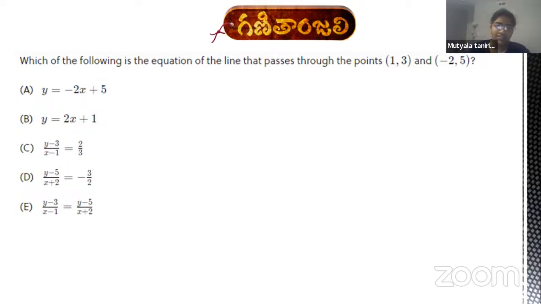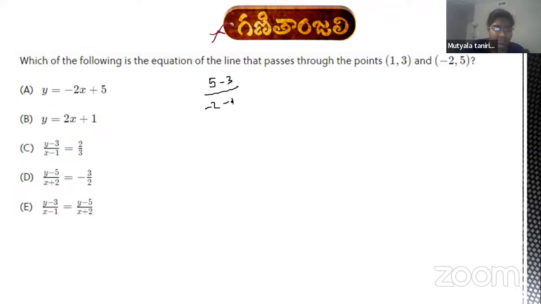It's not option A, it's not option B. I found the slope, sir: 5 minus 3 over negative 2 minus 1, that is 2 by minus 3, so minus 2 over 3.